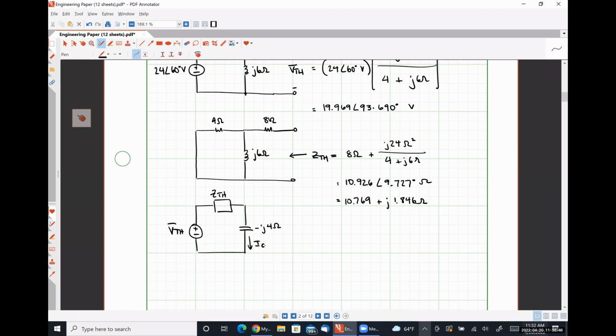And now determine the quantity IC as simply IC equals the V Thevenin we determined earlier divided by Z Thevenin minus j4 ohms.